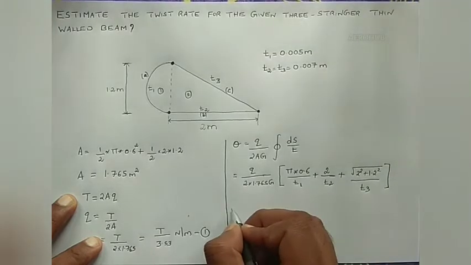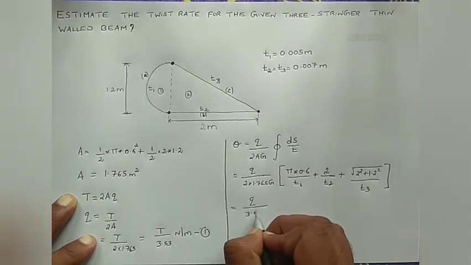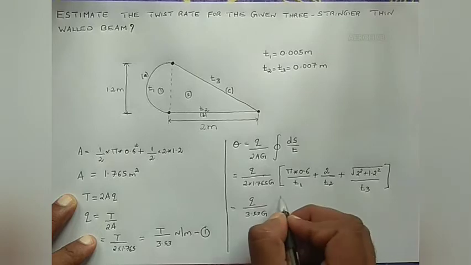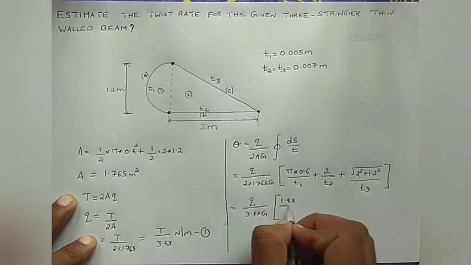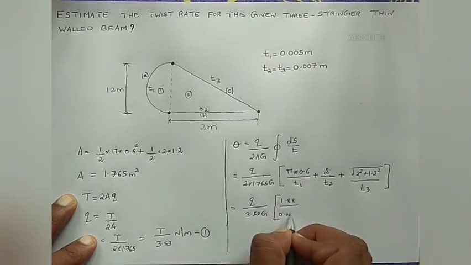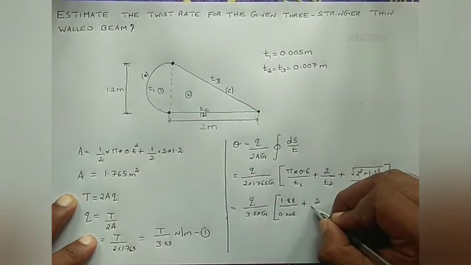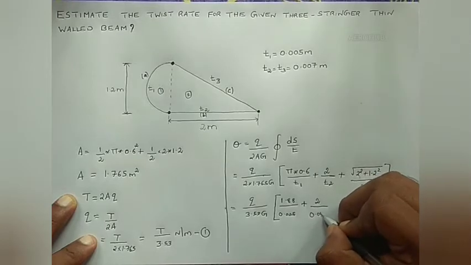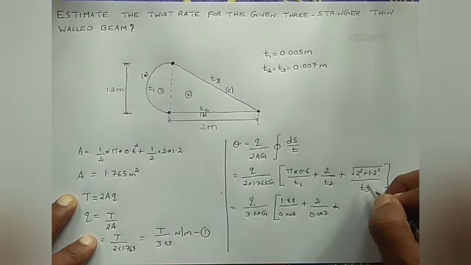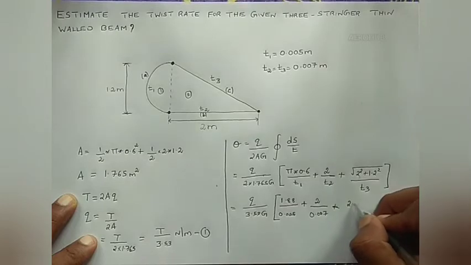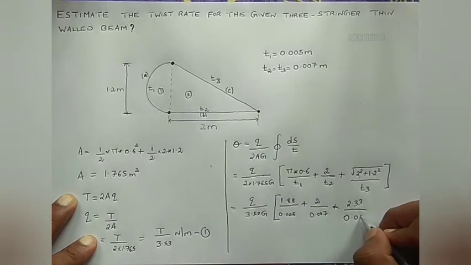Now I will substitute: Q by 2 into 1.765, that is 3.53, into G, into 1.88 divided by T1 which is 0.005, as given in the question, plus 2 divided by the thickness T2 which is 0.007, plus the value of root of 2 square plus 1.2 square, which is 2.33, divided by the thickness 0.007.